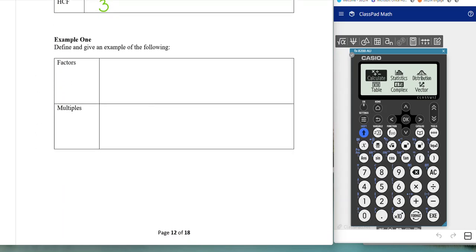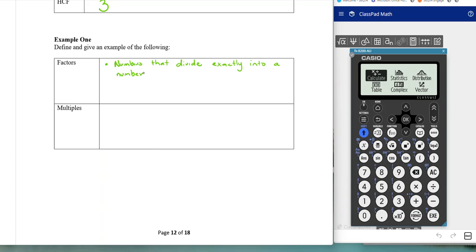We're going to be moving into something called multiples, but these are some definitions. It says define and give an example for the following. Factors is what we were just learning. A factor or factors are numbers that divide exactly into a number.